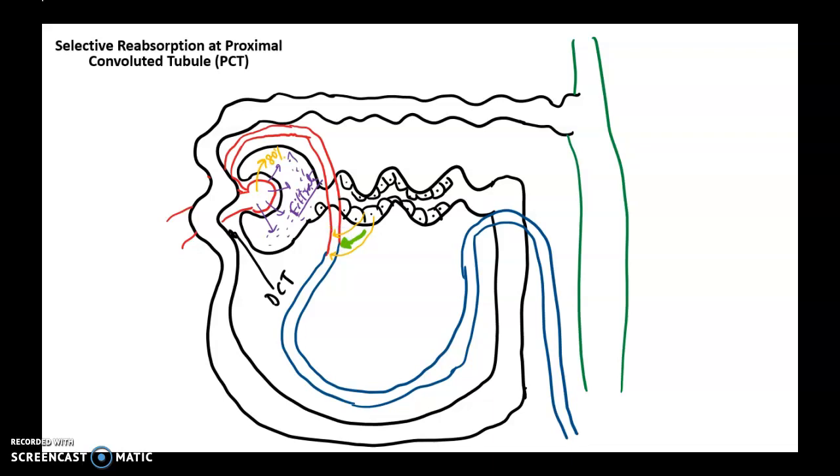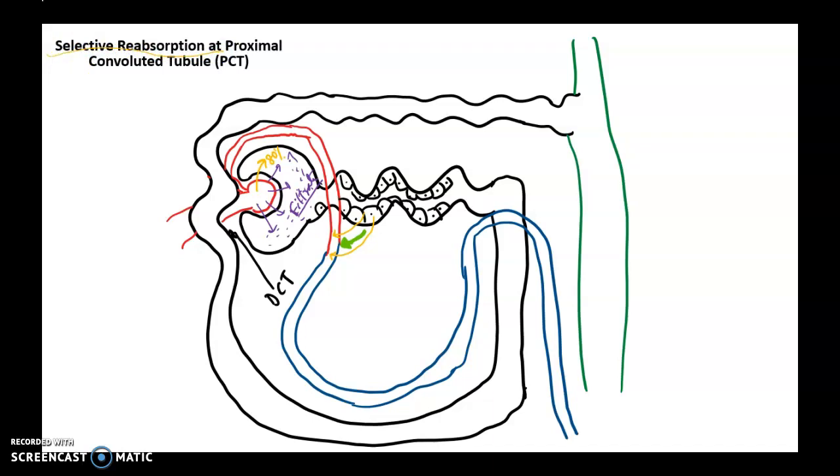So this process by which things from the filtrate move back into the capillary, the yellow arrows are showing the pathway of movement of molecules from the proximal convoluted tubule back into the capillary. And this process is called selective reabsorption that we will look at now.